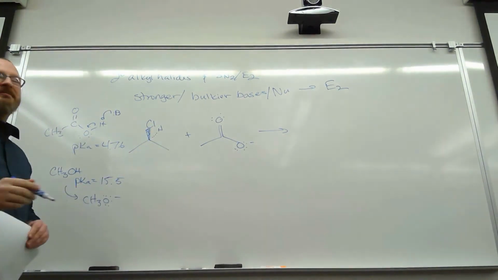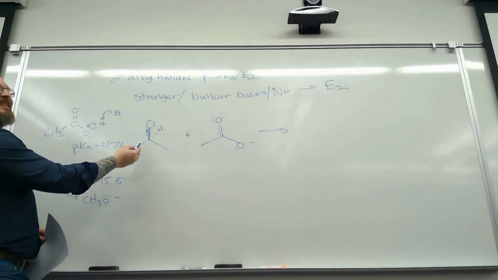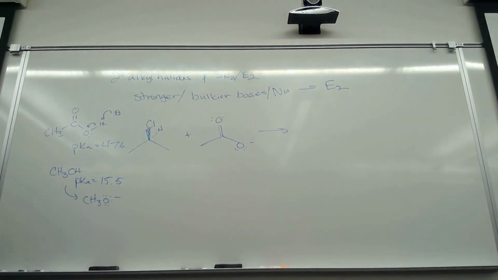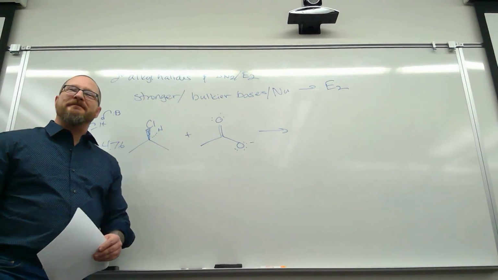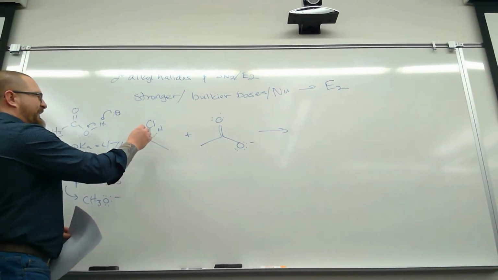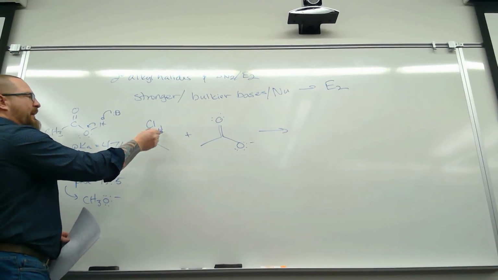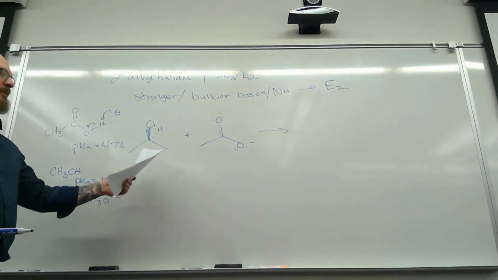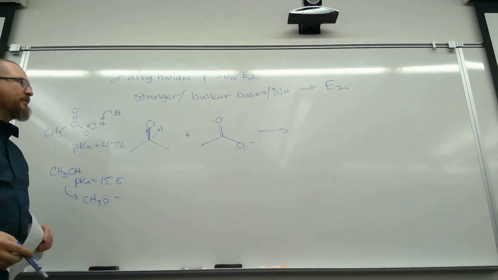Does it matter? Is this chiral? No, it's not, because we don't have four different groups. So it doesn't matter in this case, because this is the same thing if I drew the chlorine to the back and the hydrogen up front, because both of these are methyls.